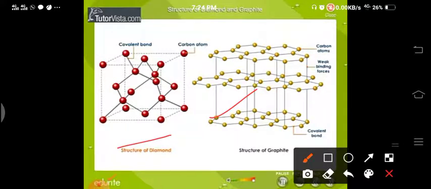So 3 carbon atoms pair with another 3, hence a hexagonal structure forms.